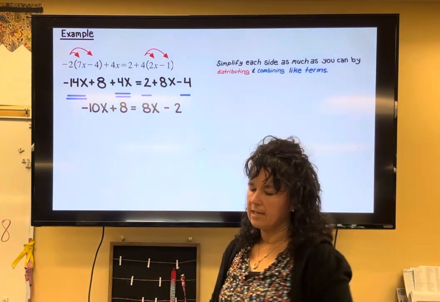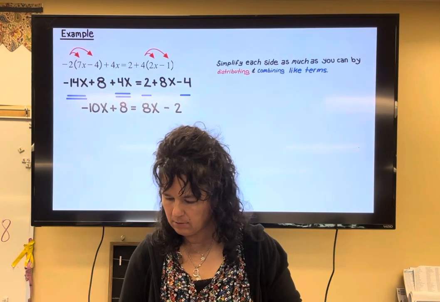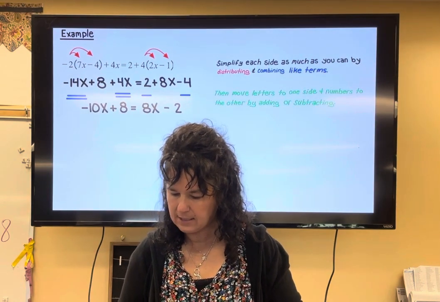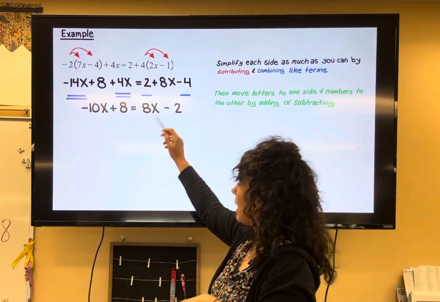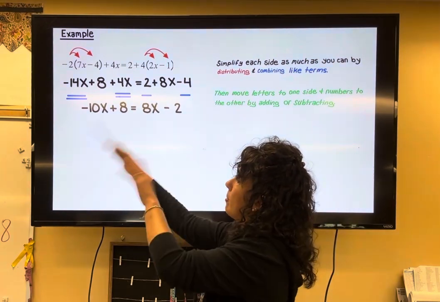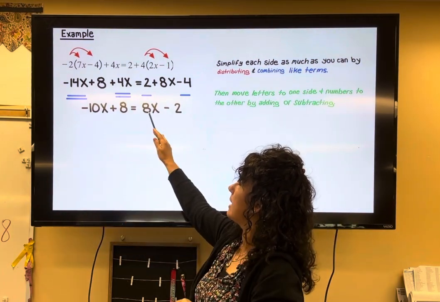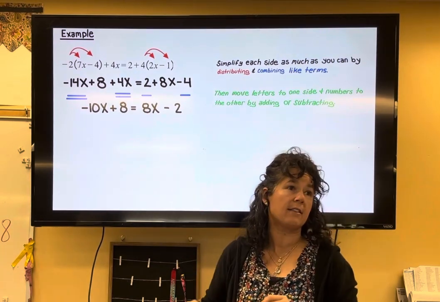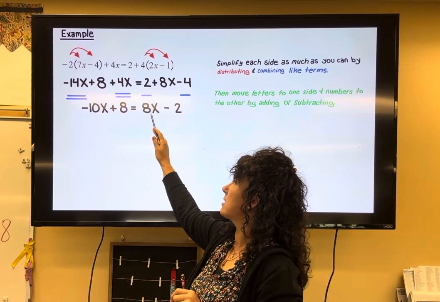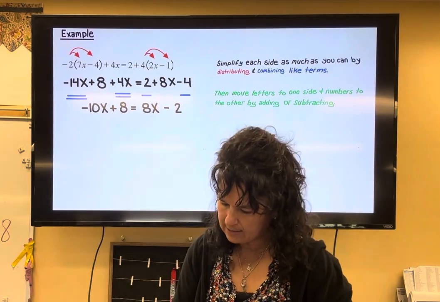Okay, our next big step, now that we've simplified, we want to move things side to side. I'm going to put my x's on the left, the numbers on the right. You move things side to side with addition and subtraction. So I'm going to take that 8x, it's a positive 8x, so I'm going to subtract 8x.